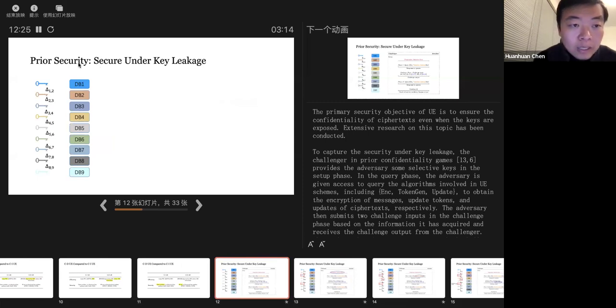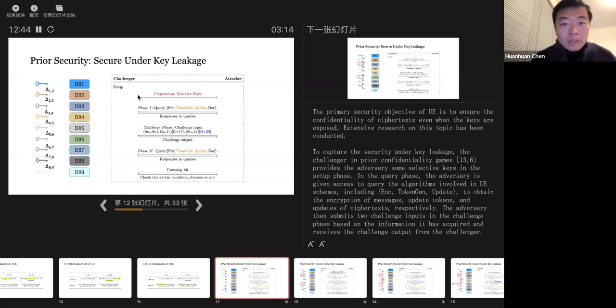Let's recall some previous security notions of updatable encryption. The main goal is to ensure security even under key leakage. We can give a general summary of the security game, which involves the attacker and also the challenger.